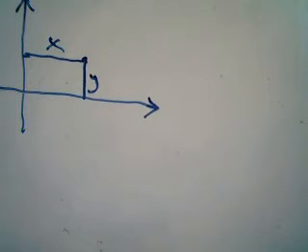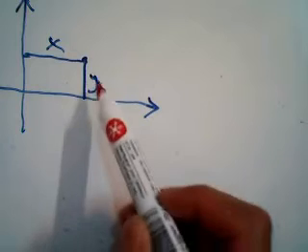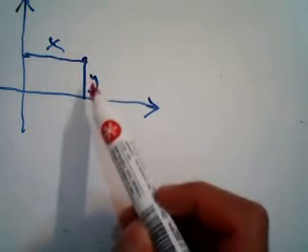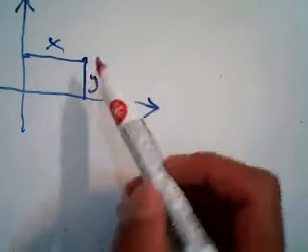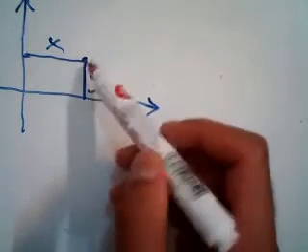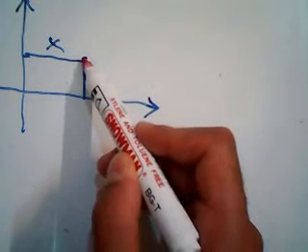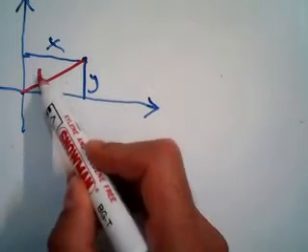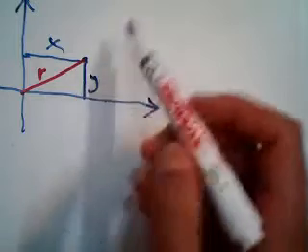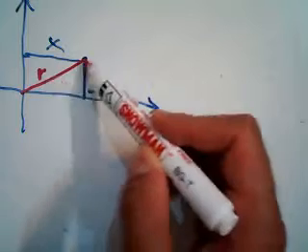What is polar coordinates? It is identifying or representing the points on a plane, instead of by x and y, by the distance of the point from the origin, r, and the angle.